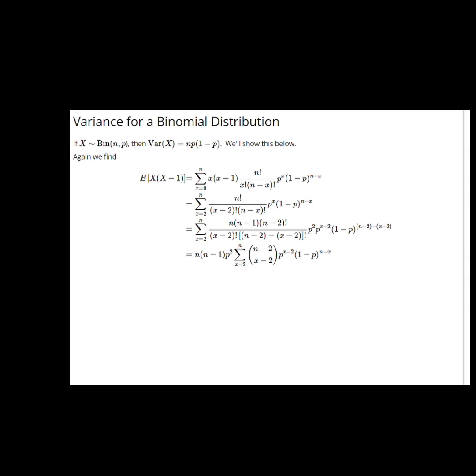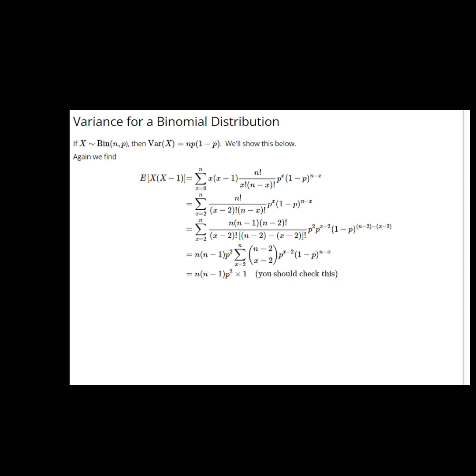In fact, if we were to replace x minus 2 by j, then this would turn out to be the sum of all of the probabilities for a binomial distribution with parameters n minus 2 and p. And that sum, of course, the sum of all of the probabilities for a binomial n minus 2, p, that's 1.